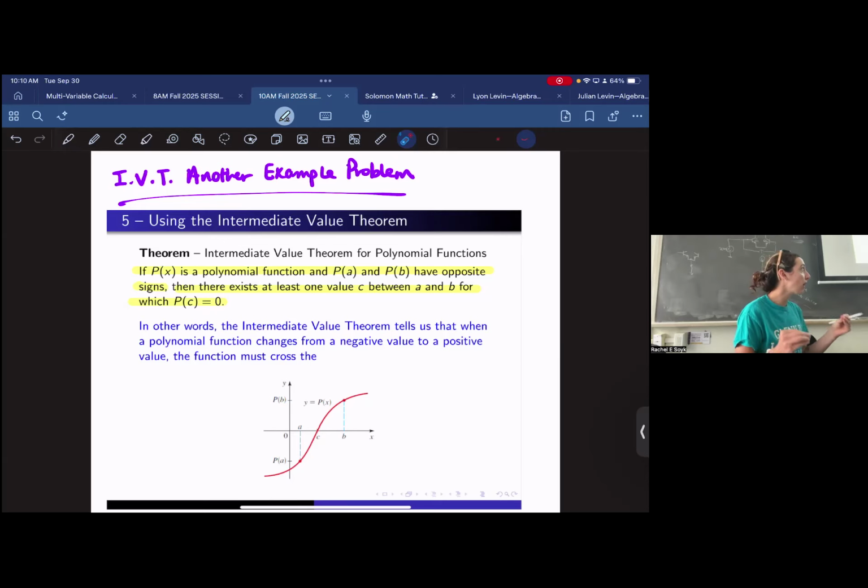The intermediate value theorem states that if you have 2 points on your function, one that's below the x-axis and one that's above the x-axis, by this theorem, we can state that the function has to pass through the x-axis and therefore gives us a 0, they're just using this arbitrary value, but a 0 at that value C.